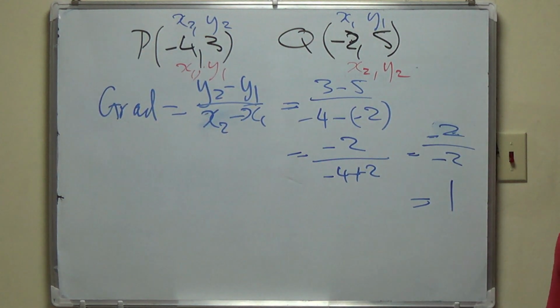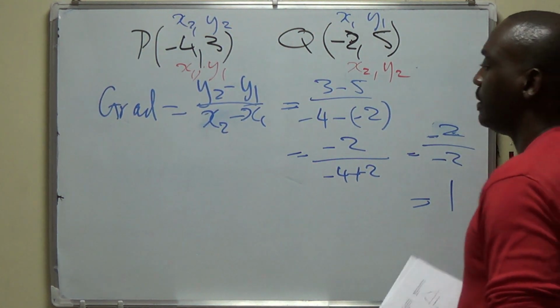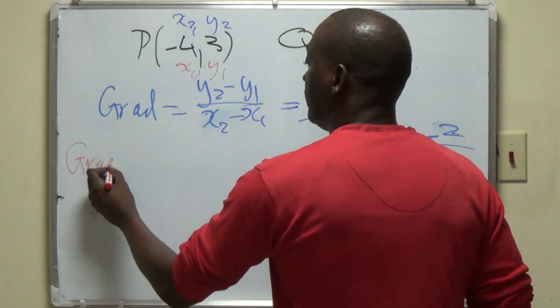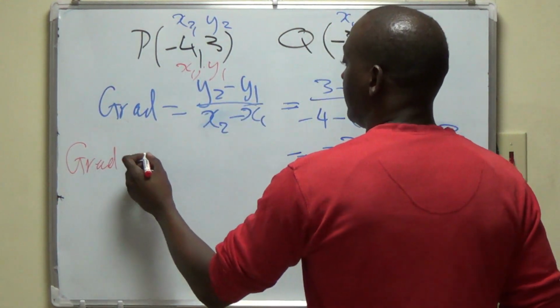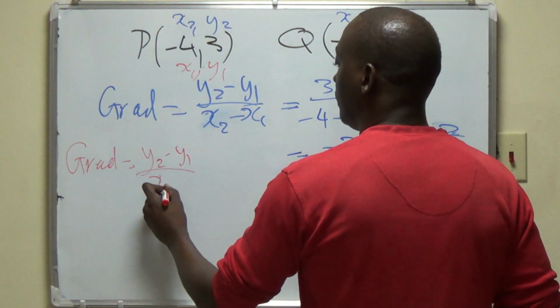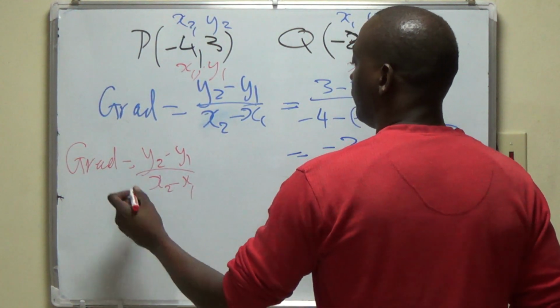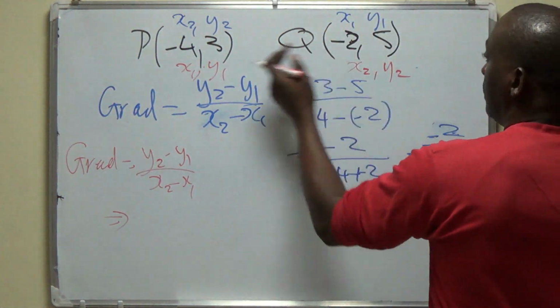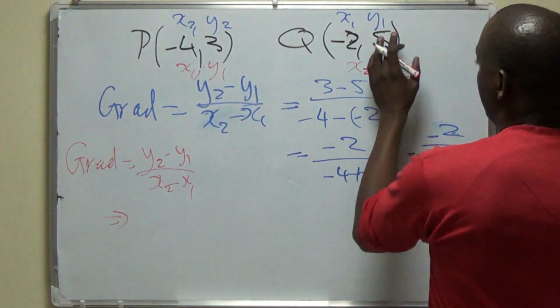So in red we have that the gradient is equal to the same y2 minus y1 over x2 minus x1, which in this case will be, this is y2 now, right?